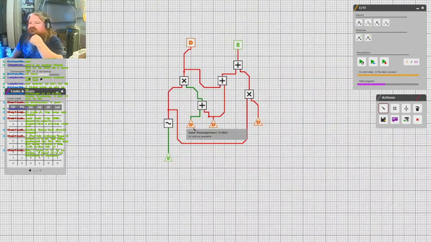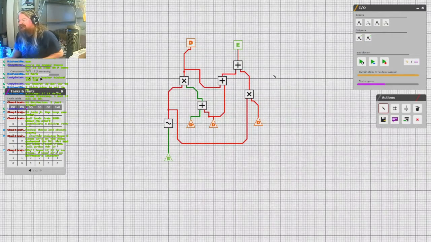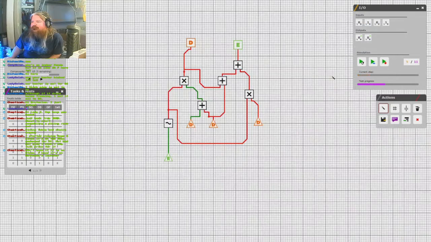Okay, good. Yeah. So it's not opening the door now because the door is blocked. 011. So this guy. So the safety open and the door blocked.